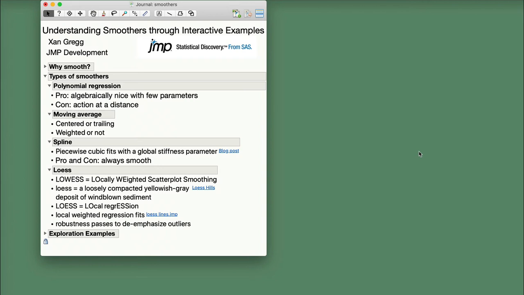Next, I'm going to cover the loess curve, which has several ways to spell and pronounce. It originally started as an acronym with the W here, locally weighted scatterplot smoothing.